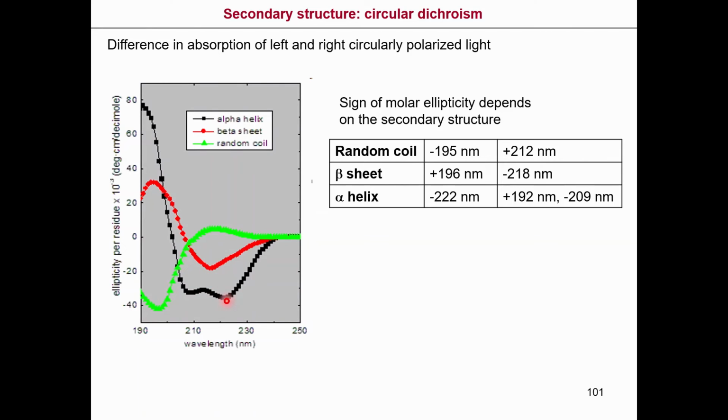You have two minima in the region of 200 nanometer and one maximum in the near ultraviolet region. For the beta sheet, you have only one minimum and one maximum. And for the unordered conformation or random coil, you have the opposite spectra of the beta sheet. It means you have first a maximum and after a minimum.